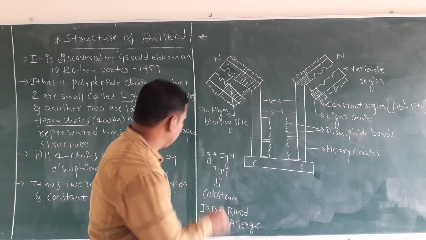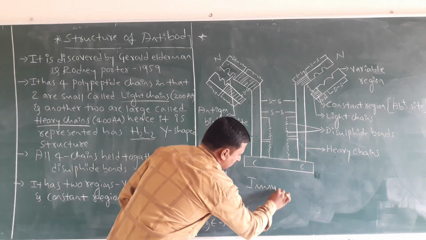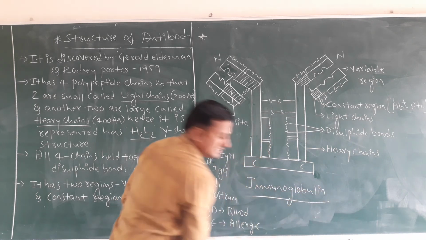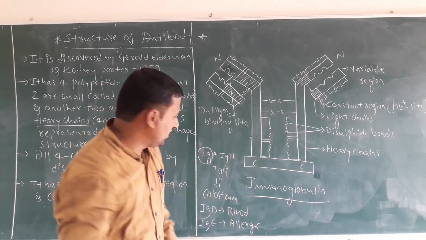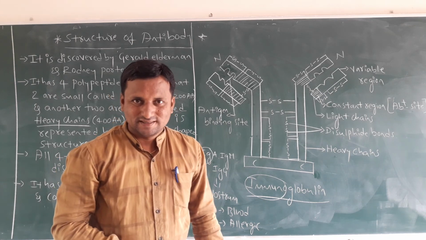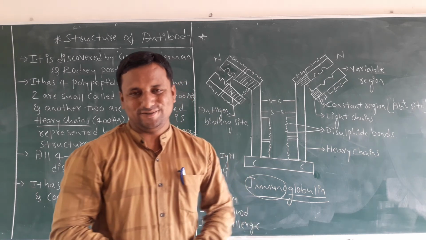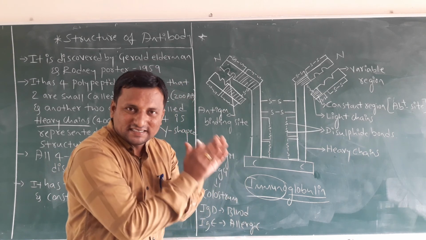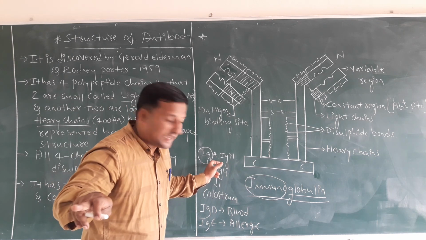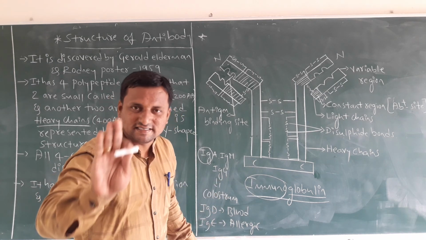Here Ig means immunoglobulin. Immuno means immunity power, and globulin is a type of protein molecule. Combined, these are the types of molecules named based on their discovery: IgA, IgM, IgG, IgD and IgE.